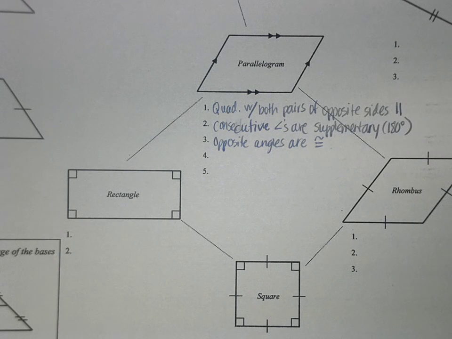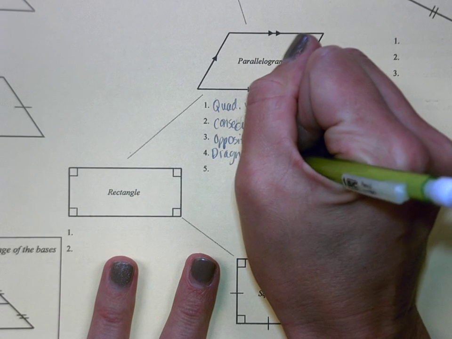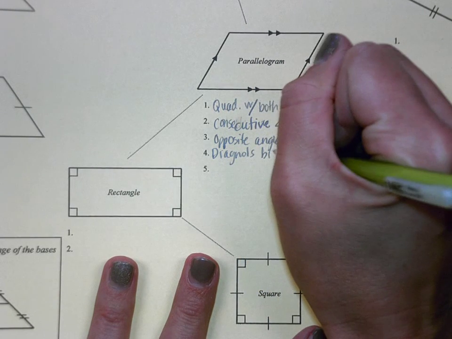What else do we know? Just like on the last two theorems that we talked about, something about the diagonals. What happens with the diagonals? Not congruent. They bisect each other. Very good. Diagonals bisect each other.